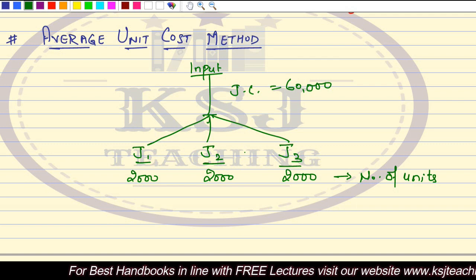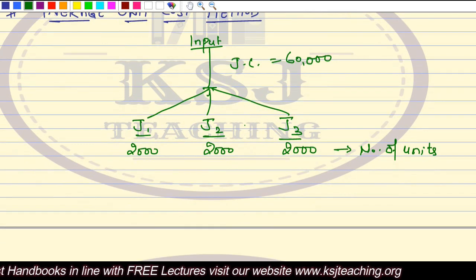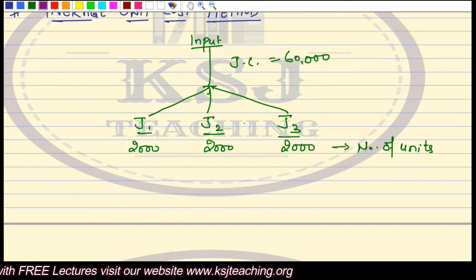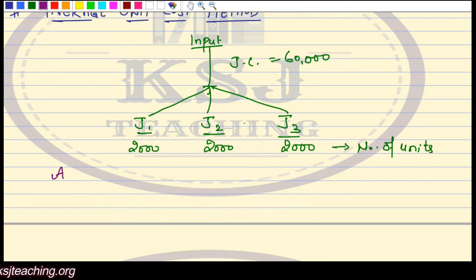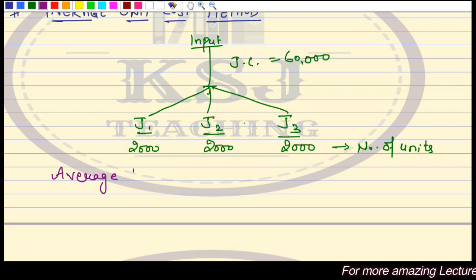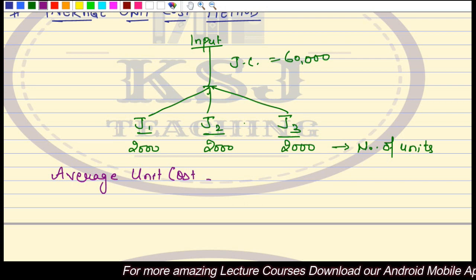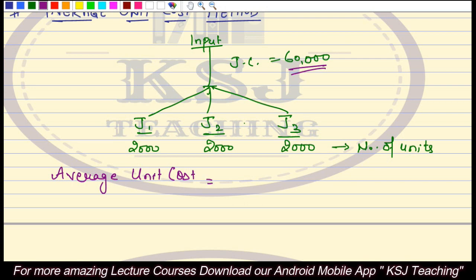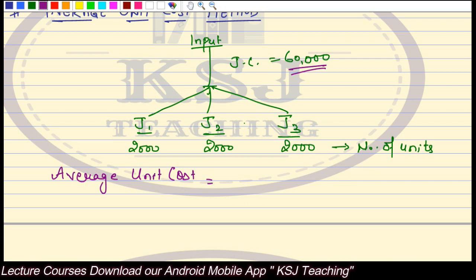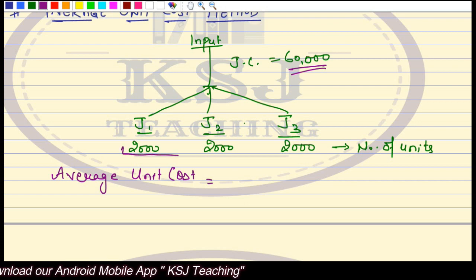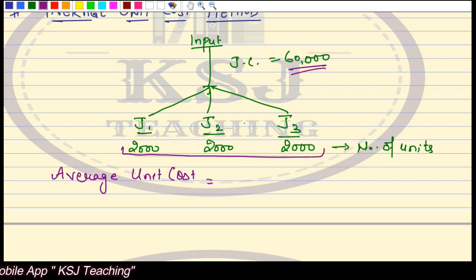Now the average unit cost method is one of the simplest methods. This method says you have to calculate the average unit cost. That means this 60,000 cost has been incurred on manufacturing these 6,000 units.